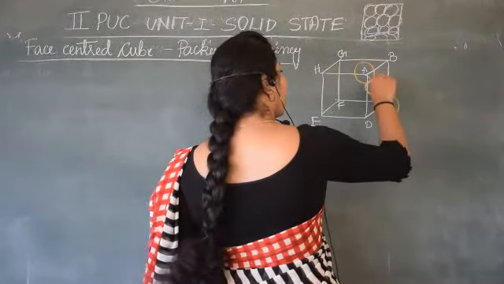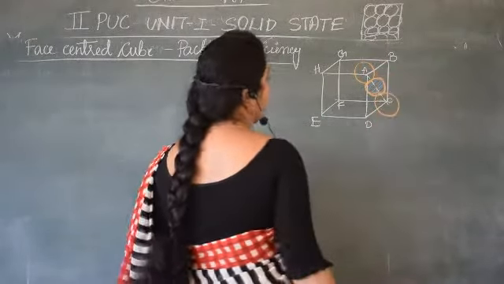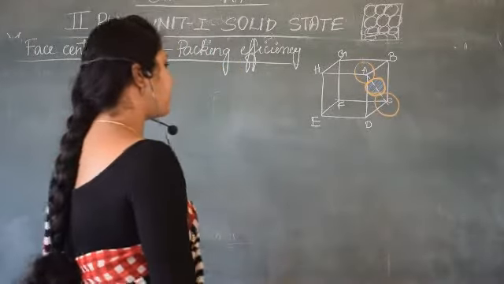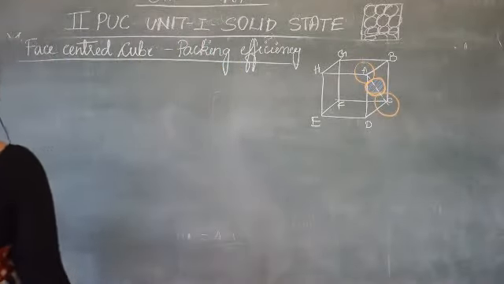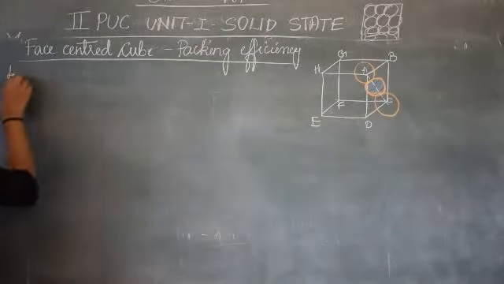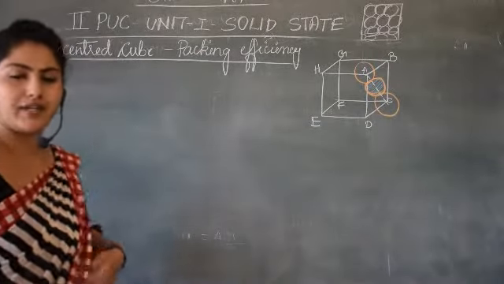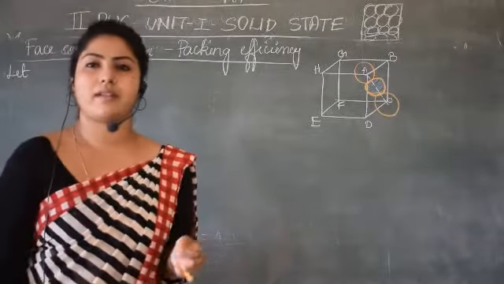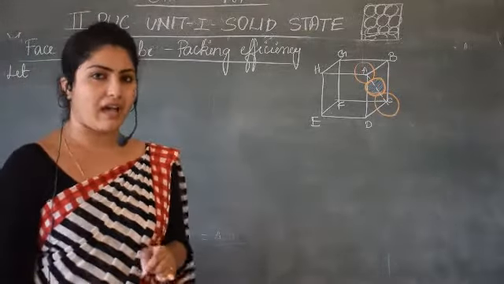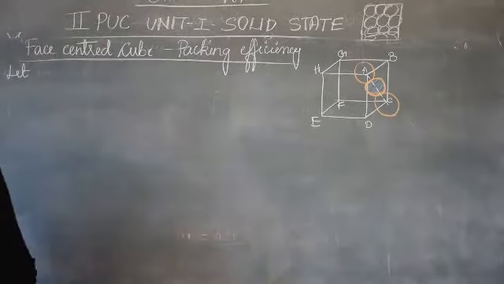This is the diagonal arrangement here. First, what should we do? For all the derivations, you will be mentioning let the edge length be A and the radius of the sphere be R. Then you will start deriving.